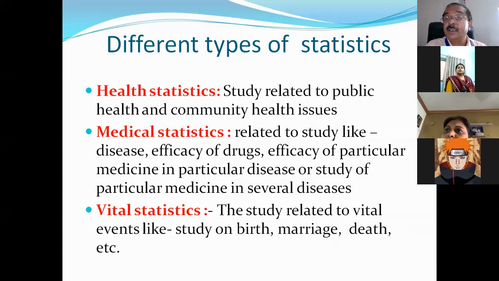Accordingly, how many persons die in a particular area in a particular year, how many persons died a natural death or due to diseases, and how many persons got married in a particular month, particular area, or particular religion. Those studies are known as vital statistics studies.